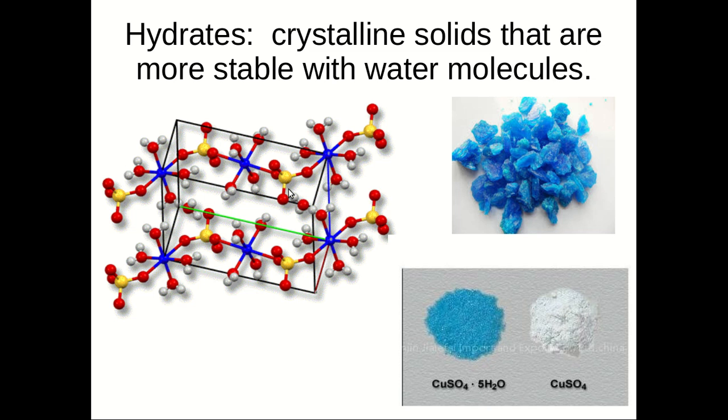The important thing to understand here is that the water molecules are here not as liquid water, not as water as you and I know and use every day, but they are here as props for the crystal structure of this compound. And why is the crystal structure so important to nature?